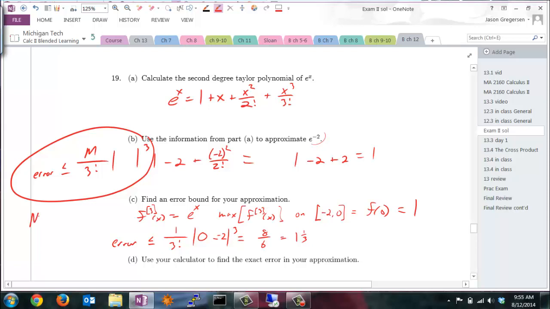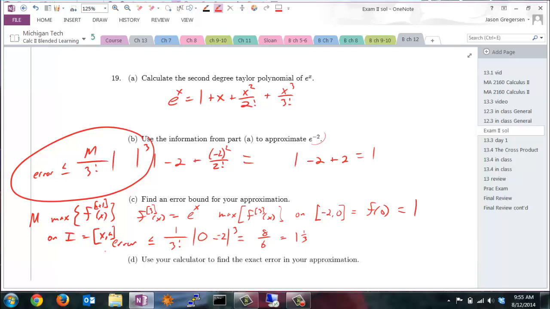So M is defined here as the maximum value of the n plus 1 derivative on the interval from x to a. That interval is from where I'm centered to where I'm evaluating this thing.